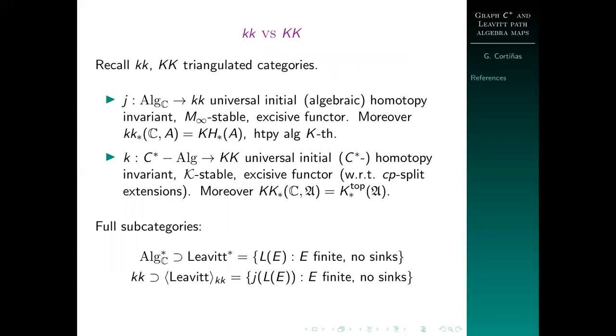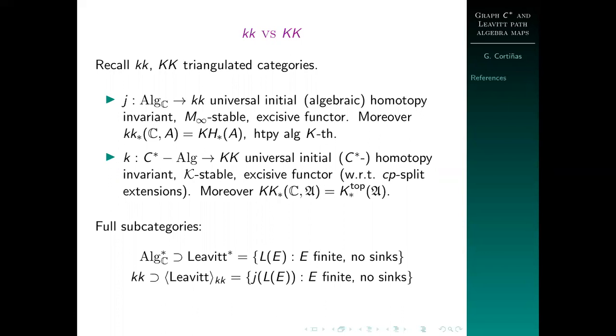However, we will see that it is possible to define a functor from small kk to big KK, at least not all of kk, but restricted to the small full subcategory consisting of the Leavitt path algebras of finite regular graphs. So I will write Leavitt star for the full subcategory of star algebras over C, consisting of the Leavitt path algebras of finite graphs without sinks.